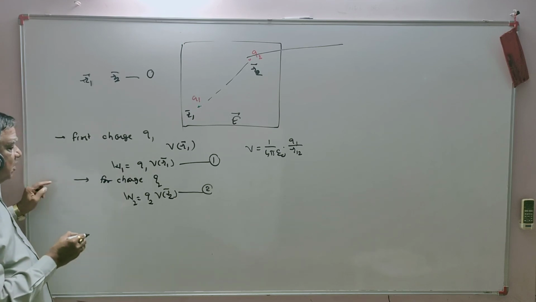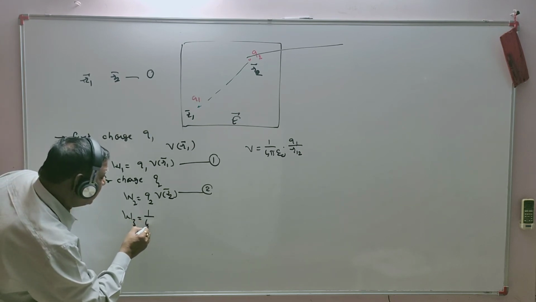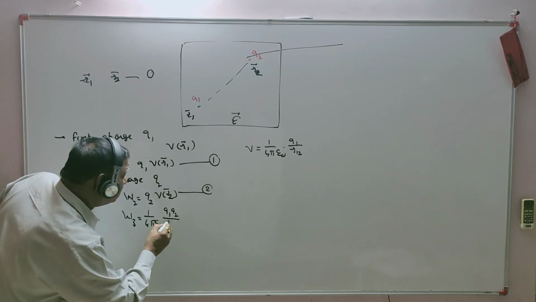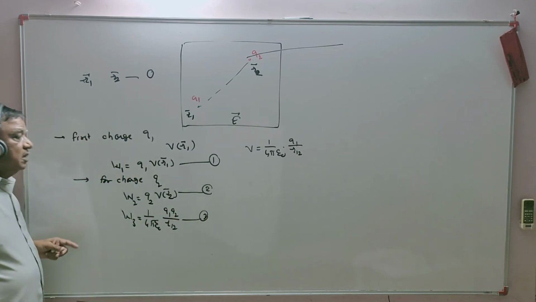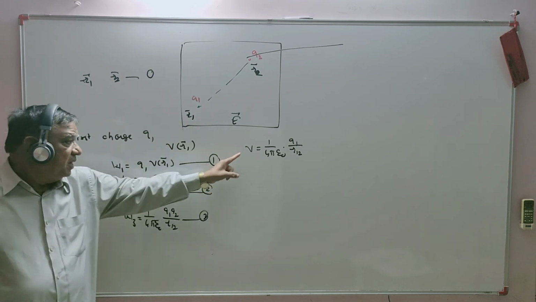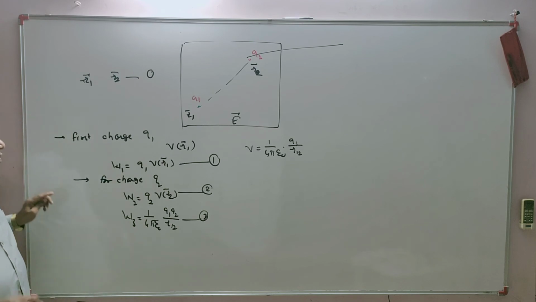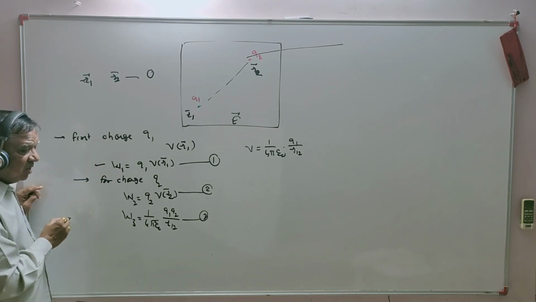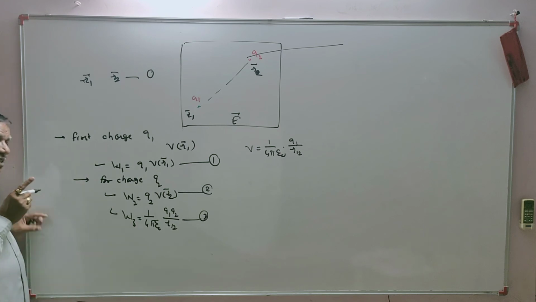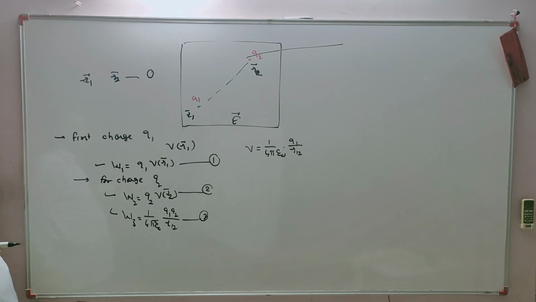Then the work done W3 equals 1 upon 4 pi epsilon 0 q1 q2 upon r12, which means q1 q2 times V. So the answer is 1 upon 4 pi epsilon 0 q1 q2 by r12. So for the first charge q1 it is W1, for the second W2 against the external electric field, and W3 is the work required in bringing q2 against the electric field due to q1.